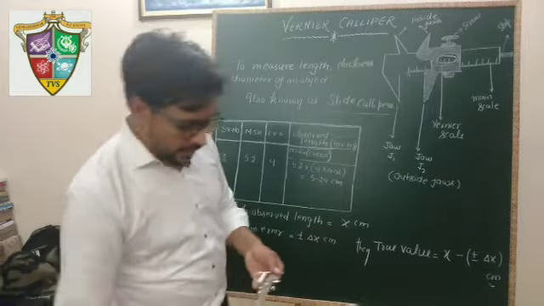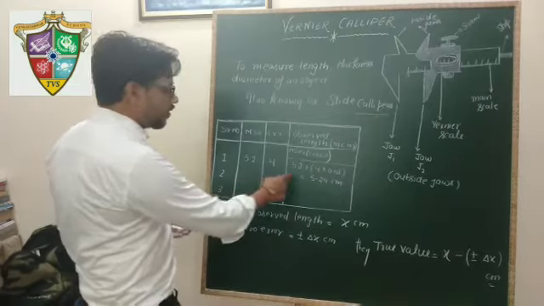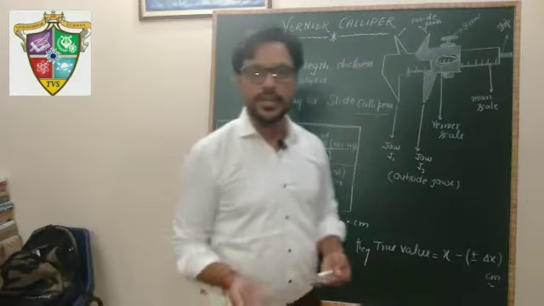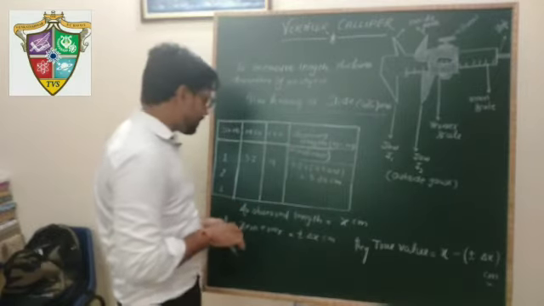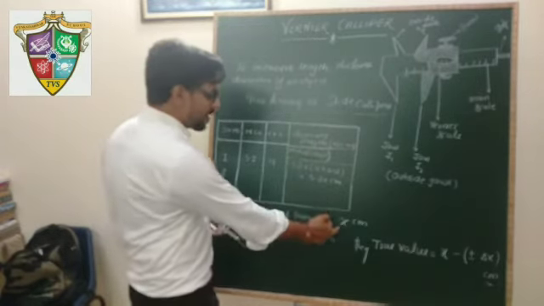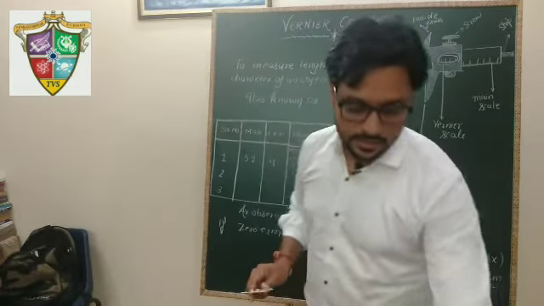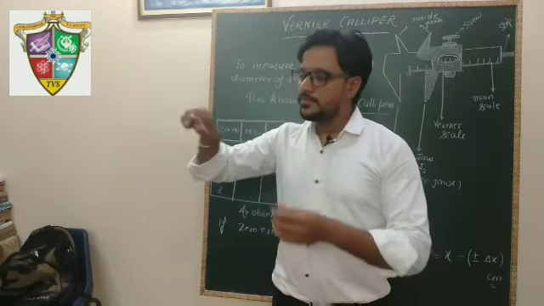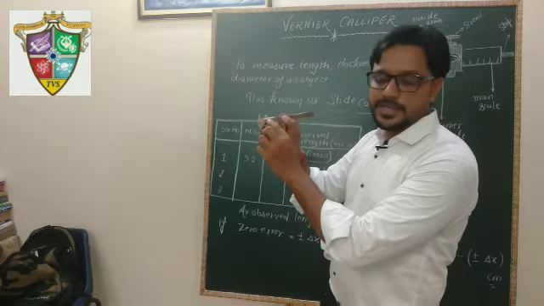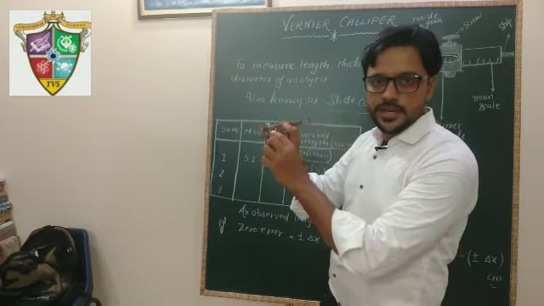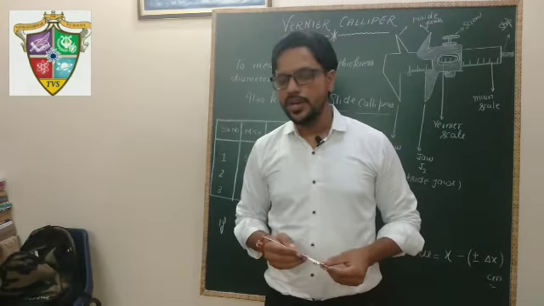Then we will readjust and take a different position of this chalk. We will put values here. So we can take 3 to 4 readings this way, and then we will take the average of these observed lengths, say it is x centimeter, and we know if we have any zero error in the vernier caliper, meaning if we fix these jaws and we see the vernier division 0 and the main scale 0, if both are not coinciding, if the vernier scale 0 is to the right of the main scale 0 or to the left, then zero error exists.